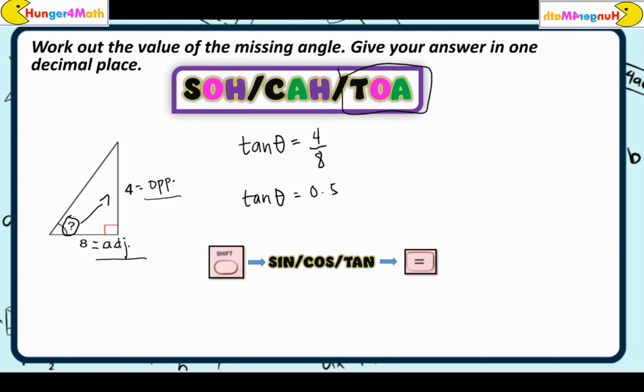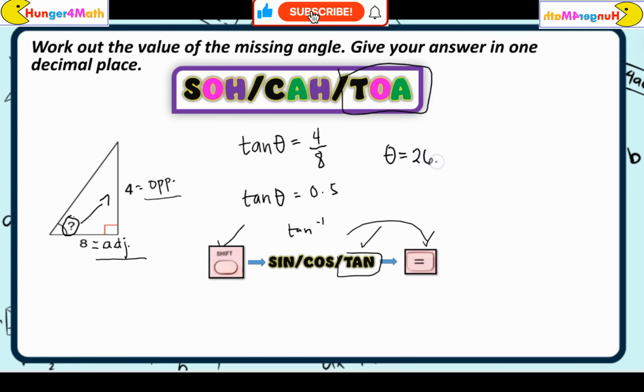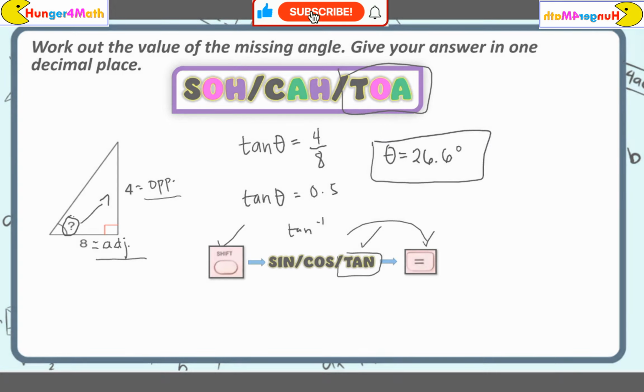Then we're going to press shift followed by tan, that will turn into tangent to the power of -1, and then press equal. So shift tangent equal, theta now is equal to 26.6 degrees in 1 decimal place. So that is our answer, 26.6 degrees.